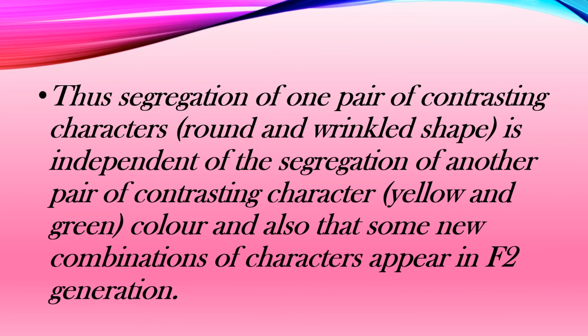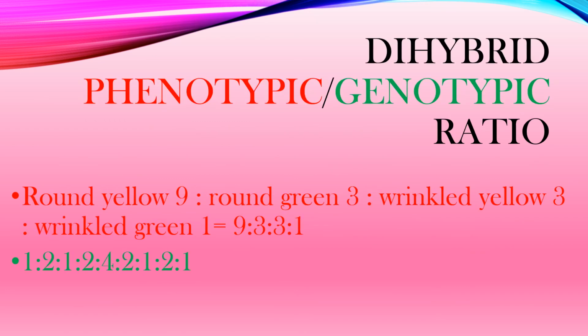We can conclude that the segregation of one pair of contrasting characters, that is round and wrinkled shape, is independent of the segregation of another pair of contrasting characters, that is yellow and green color. So shape is independent of color. Understand? And we also get the new recombinations. So we have the dihybrid phenotypic and genotypic ratio.